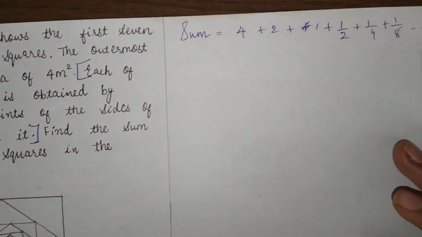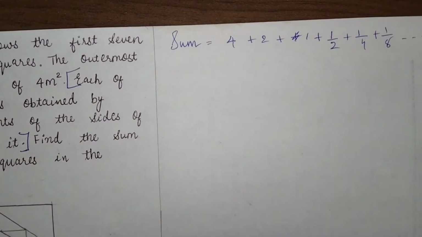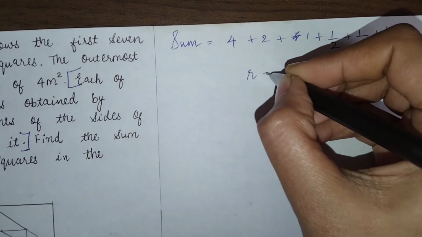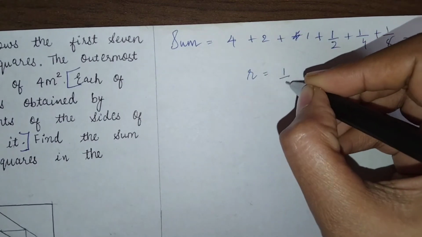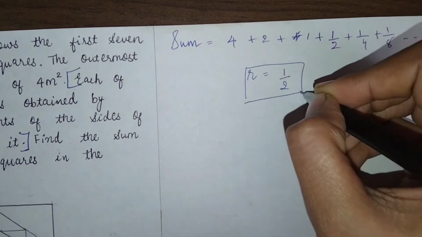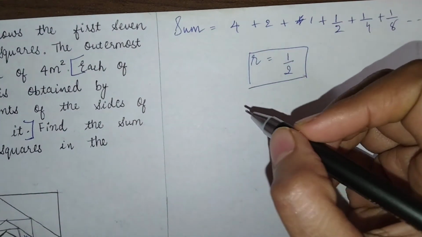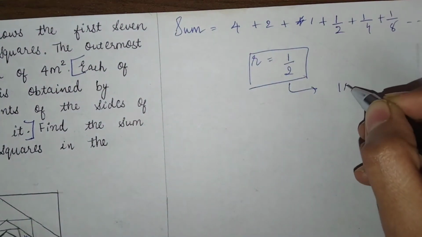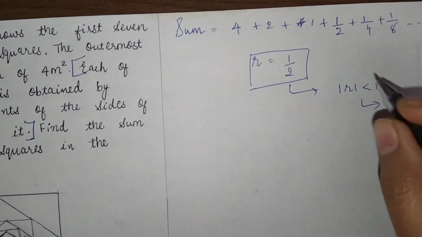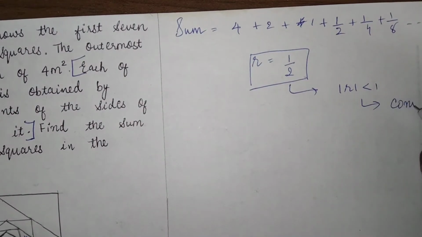Now we can see that this given series is in geometric progression. So the common ratio will be 2/4, that is 1/2. And again this 1/2 is less than 1, so we can say that this series is convergent.